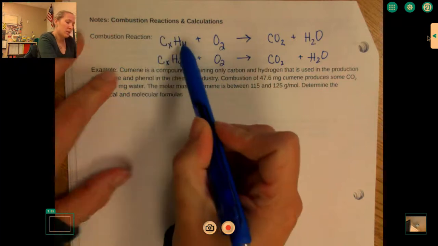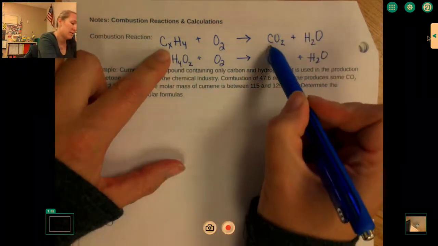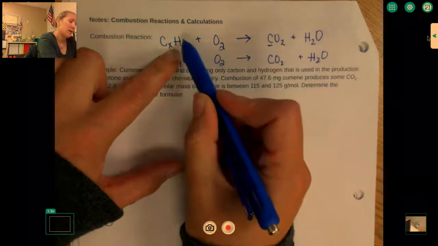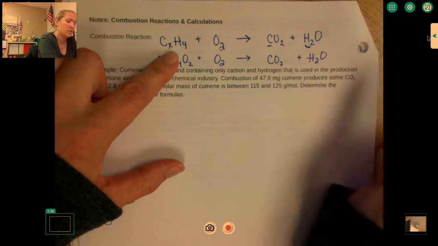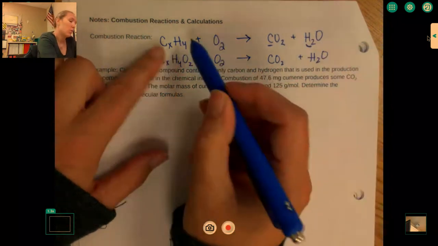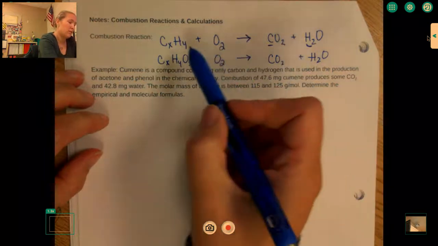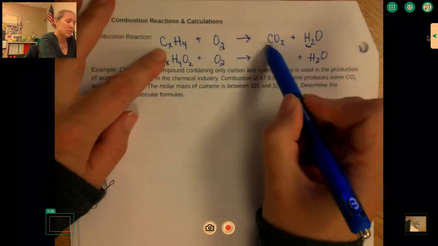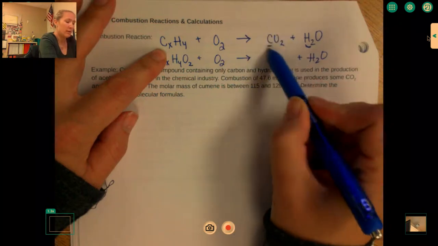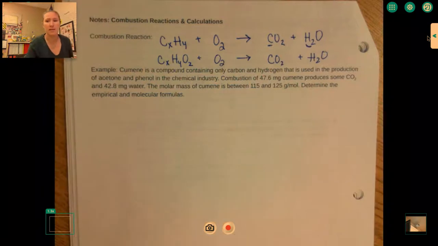When my hydrocarbon burns, all of the carbon from my hydrocarbon becomes carbon inside of carbon dioxide, and all of the hydrogen inside my hydrocarbon becomes hydrogen inside of my water. So what we're going to have to do is experimentally determine, through calculations, the formula of my hydrocarbon by looking at the masses of carbon inside my carbon dioxide and hydrogen in my water that I can then measure after I do the reaction.